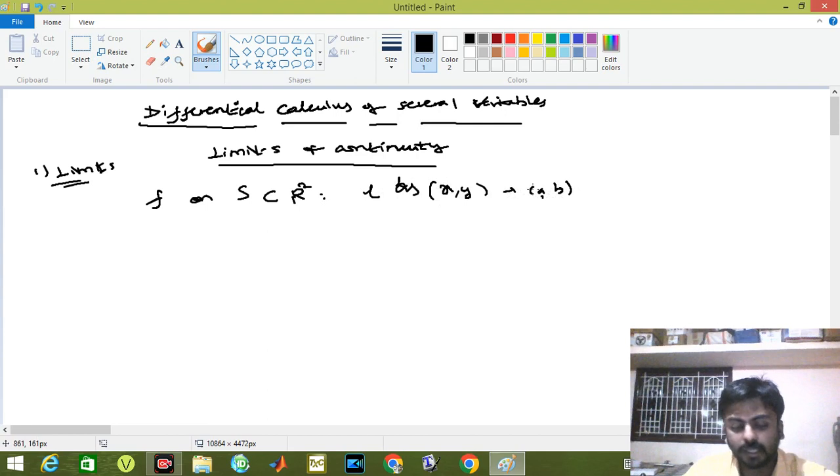Let me tell once again: let f be a function defined on S, a subset of R2. The function f is said to tend to a finite limit L as x comma y tends to a comma b.